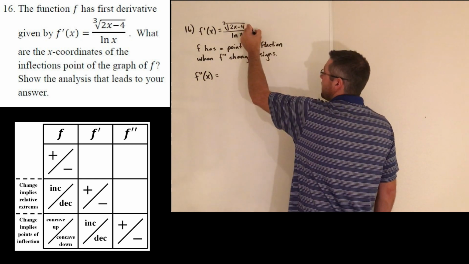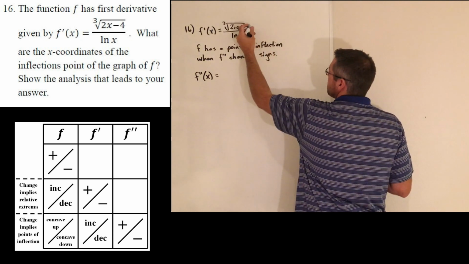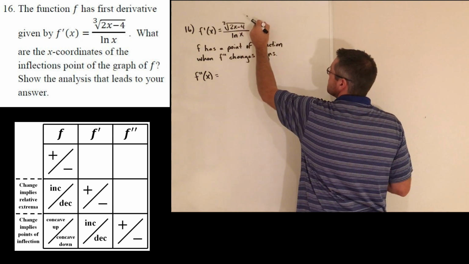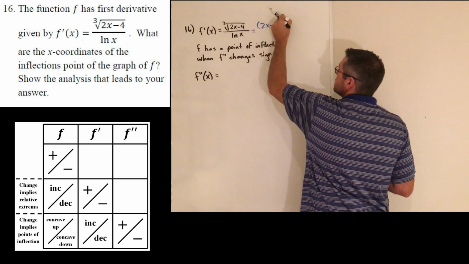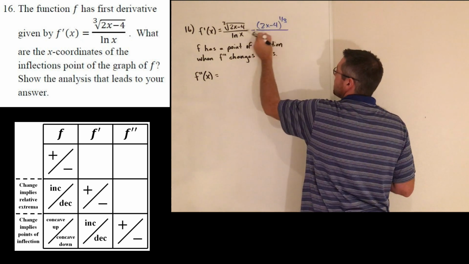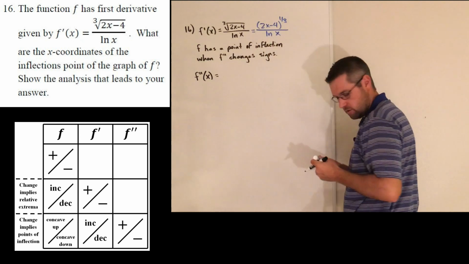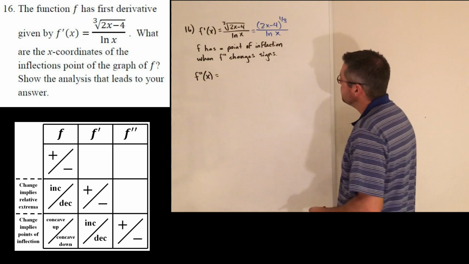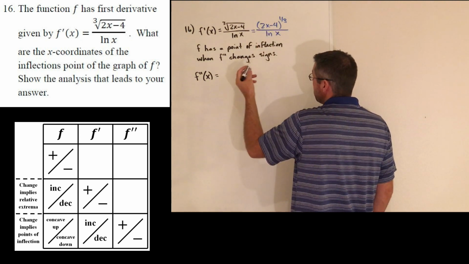Now, before we do that, I'm going to go ahead and rewrite this radical expression as a rational exponent. So instead of the cube root, I'm going to rewrite it as raised to the 1/3. That will help me to take the derivative a little bit easier. So quotient rule says the derivative of the top. So to take the derivative of the top, I have to use a chain rule.